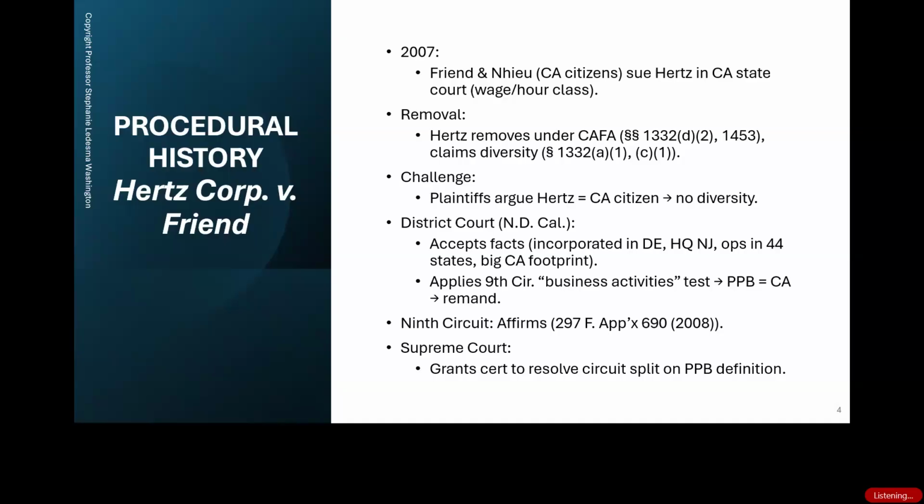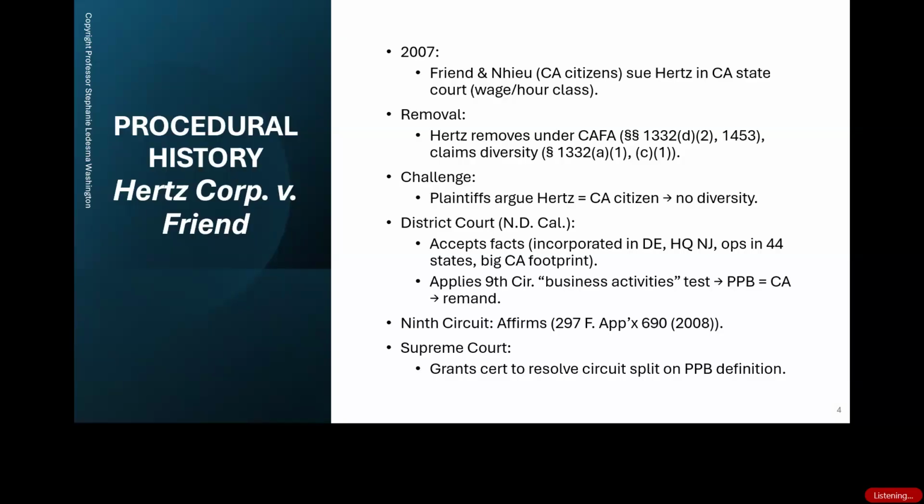Hertz comes in and files a notice to remove. A notice to remove. Mind you, I did not say a petition to remove or a motion to remove, because that's not how removal works.